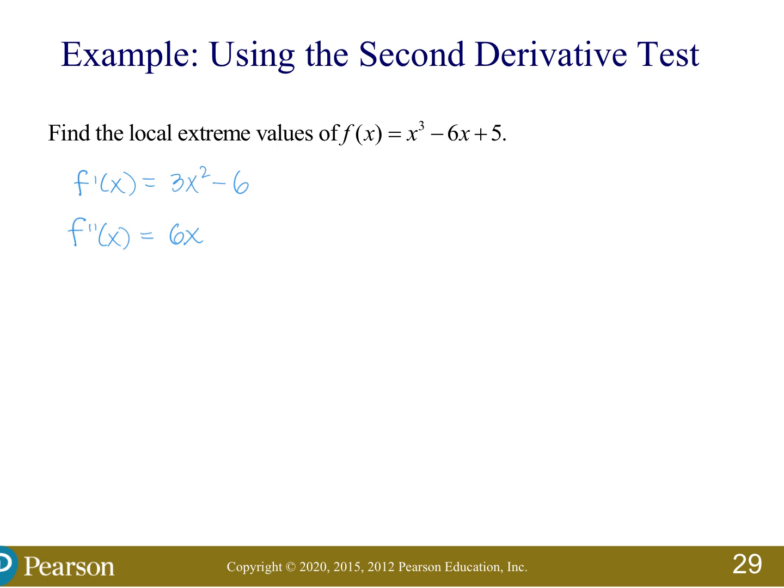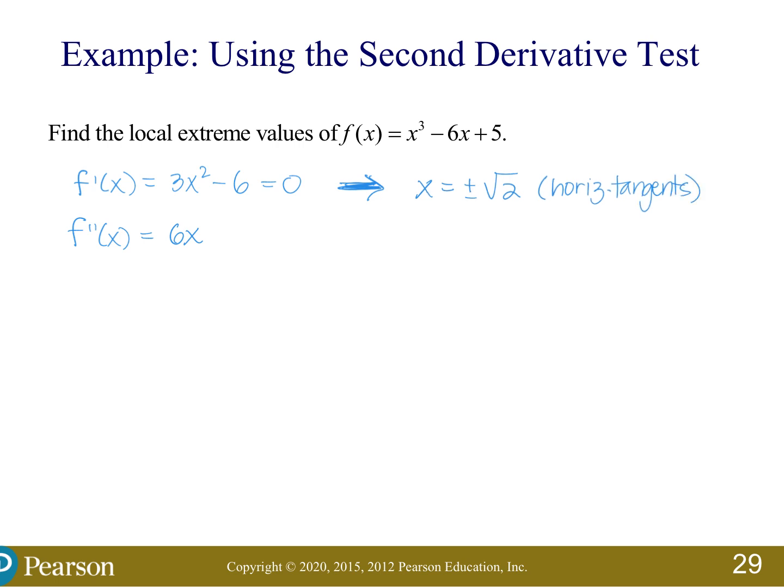Set it equal to 0. We solve that, which will tell me that x is equal to add 6, divide by 3, and use a plus or minus square root. So x is equal to the plus or minus square root of 2. That tells me that I have horizontal tangents at those two places.